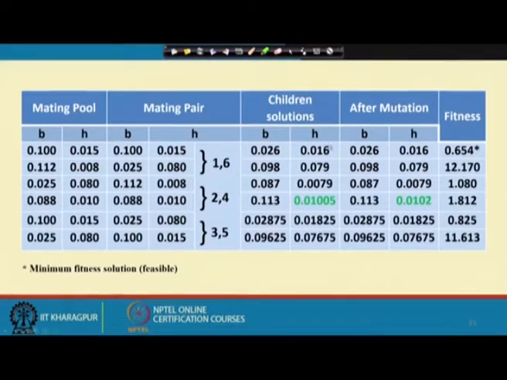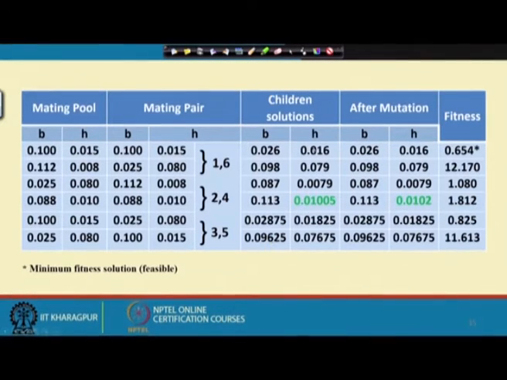So, we have seen how to determine the children solution for the whole population using the principle of simulated binary crossover. Now, here, for one solution we have got two numerical values, like B and H, and we have 6 such solutions in the population.